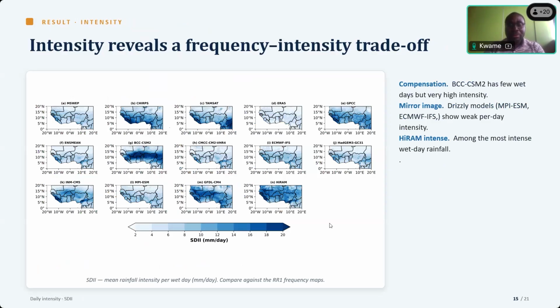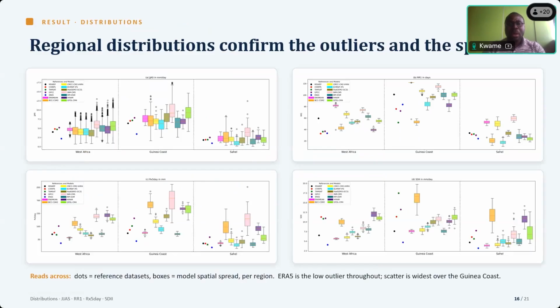So you see over here that the HIRAM model extended over the entire West Africa, not showing any southern wetness distinct from the north. We look at a general picture of the distribution of this analysis that was made. So the first one over here represents the monsoon season.